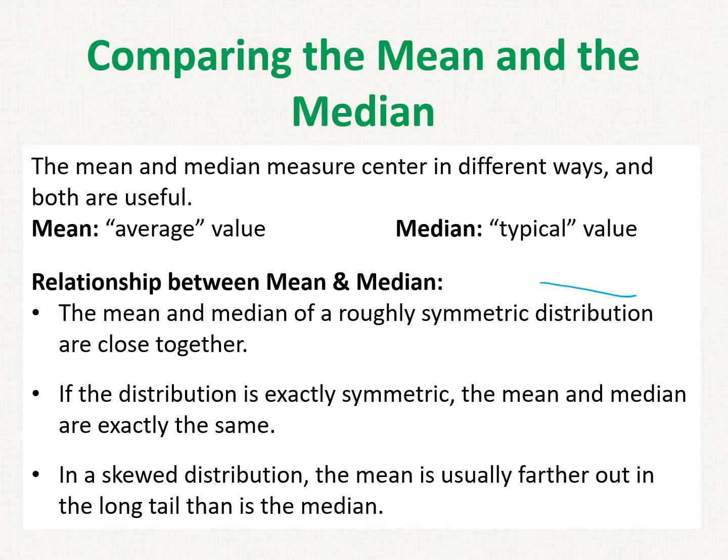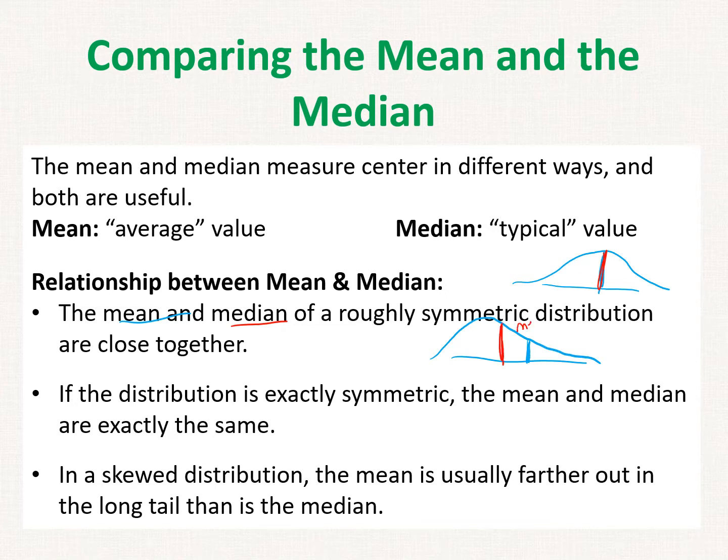So if I tried to draw a quick visual, mean and median would both be in the center of a symmetric distribution. But if I had a skewed distribution, let's say something like this, the mean, because it's an average, will be much more heavily affected than the median.